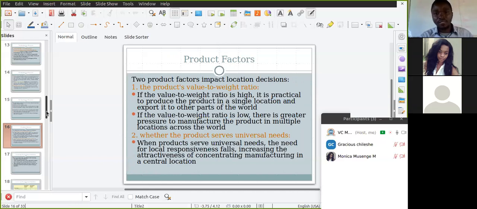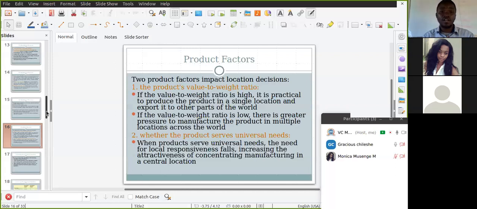Two product factors impact location decisions. The product value to weight ratio. If the value to weight ratio is high, it is practical to produce a product in a single location and export it to other parts of the world. So if you're transporting or shipping a product from Europe to Africa, you know that there's a value that is attached to the weight of that product.